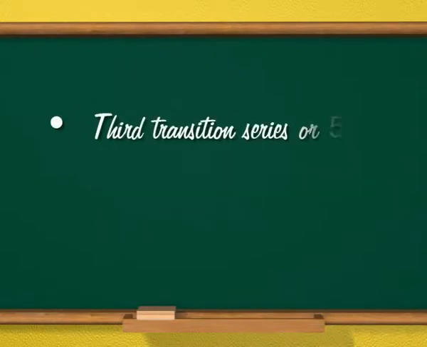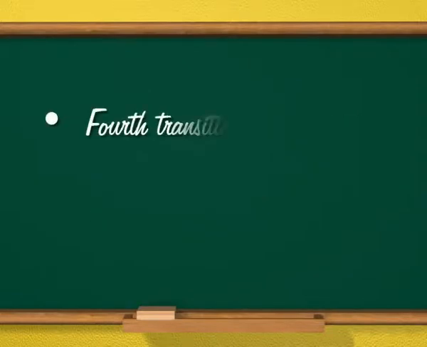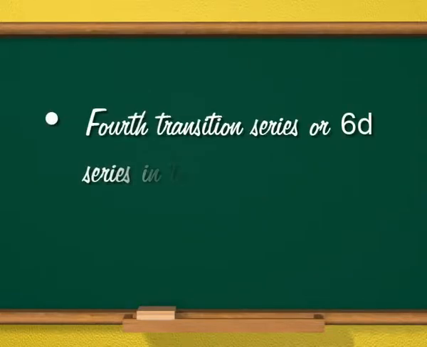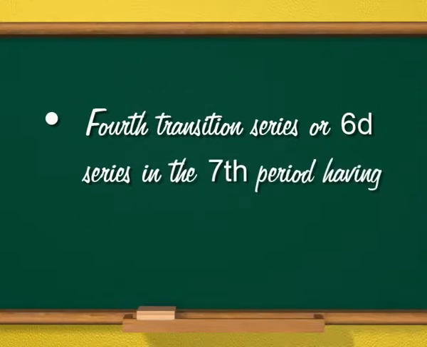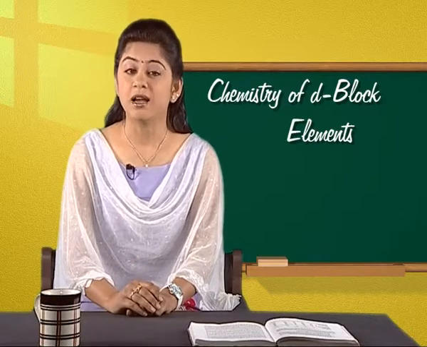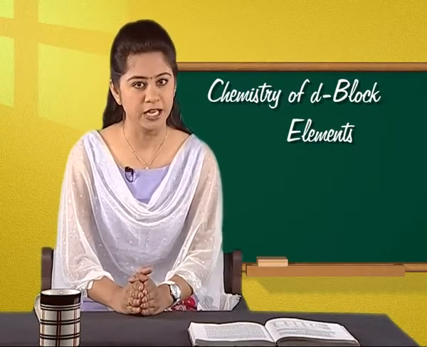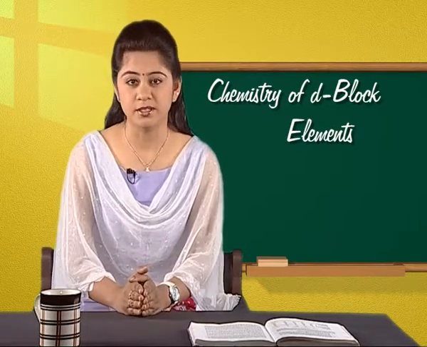Third transition series or 5D series in the 6th period having 10 elements. Fourth transition series or 6D series in the 7th period having incomplete elements. The D block elements are classified on the basis of similarity of filling of electrons in various orbitals.